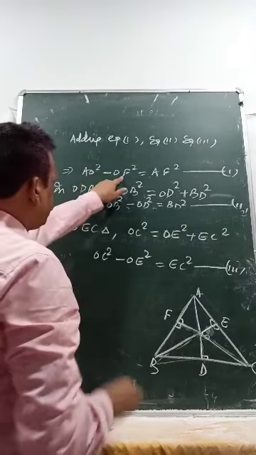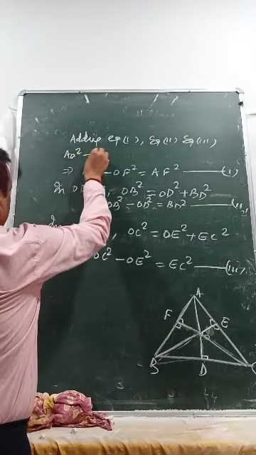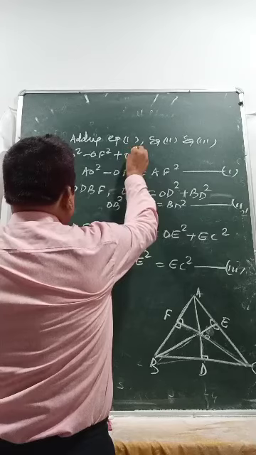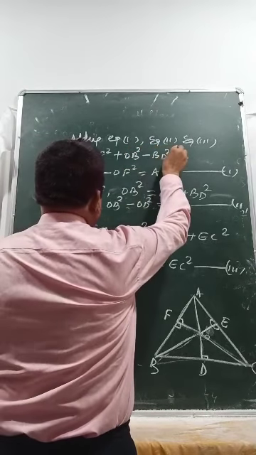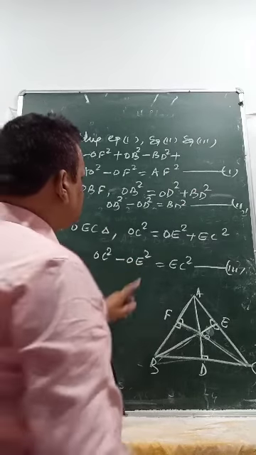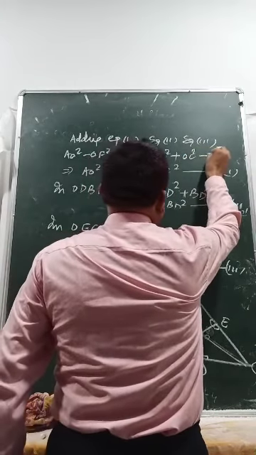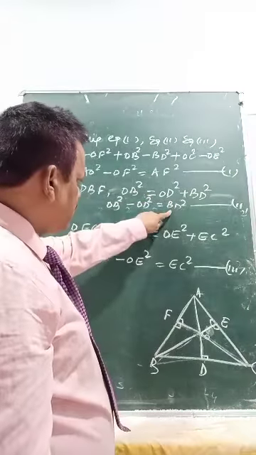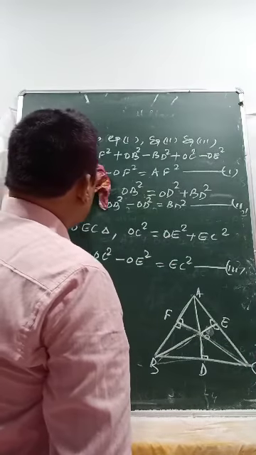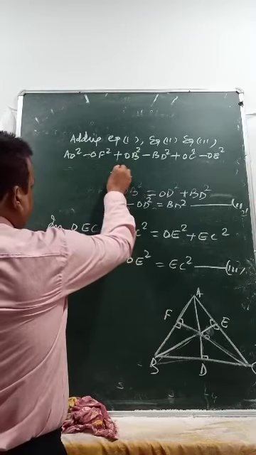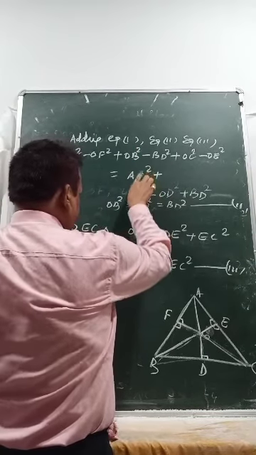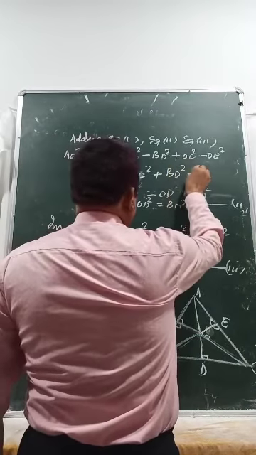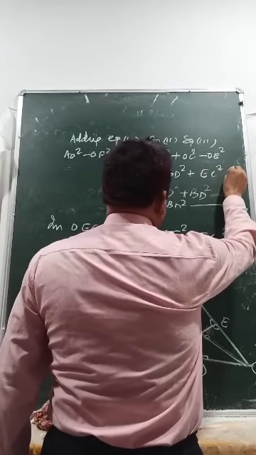Look: AO square minus OF square plus OB square minus BD square plus OC square minus OE square equals, on the right side, AF square plus BD square plus EC square. So this is proved.